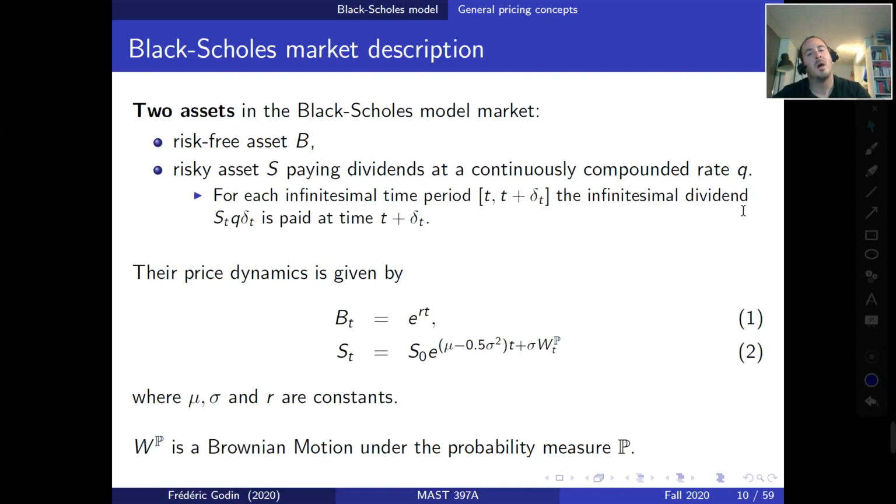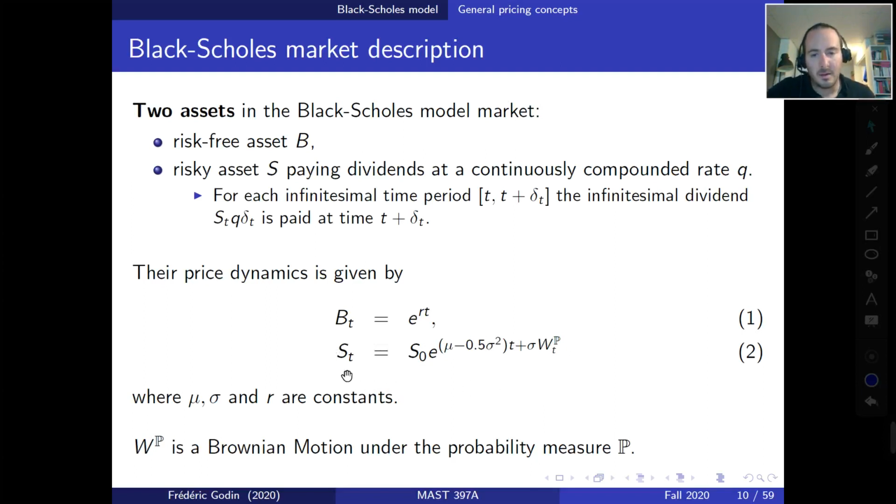The dynamics of these two assets in the Black-Scholes model are as follows. B_t, the risk-free asset, is assumed to grow continuously at the risk-free rate, so its time t value is simply the exponential of the risk-free rate times t. So this grows exponentially at a constant rate. The second asset, the stock, is assumed to have the following dynamics.